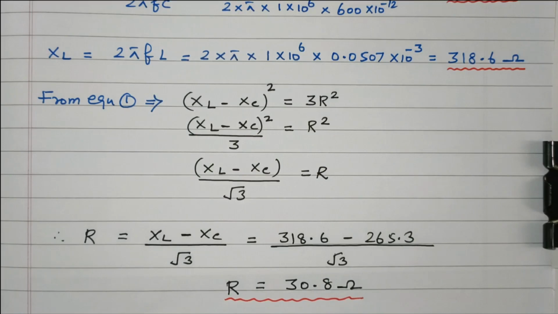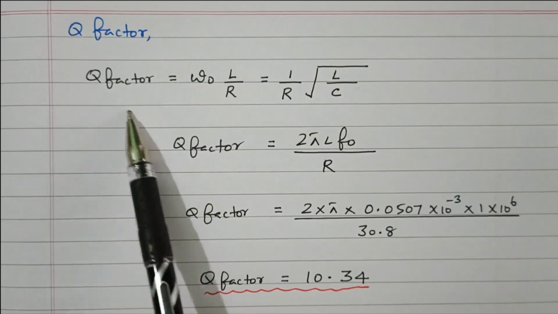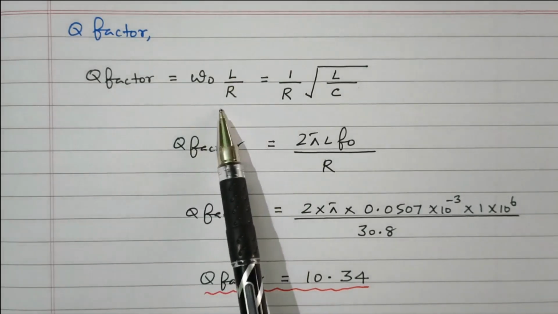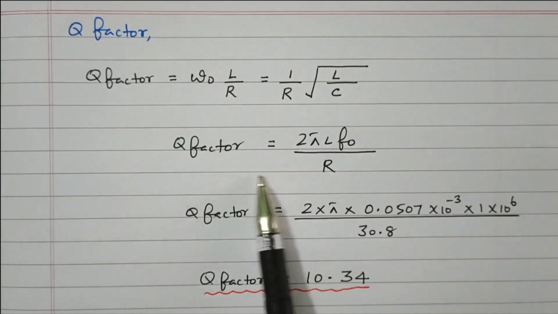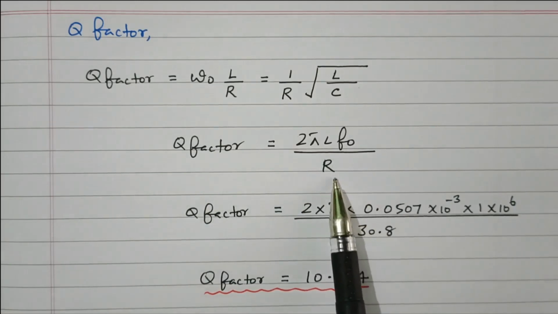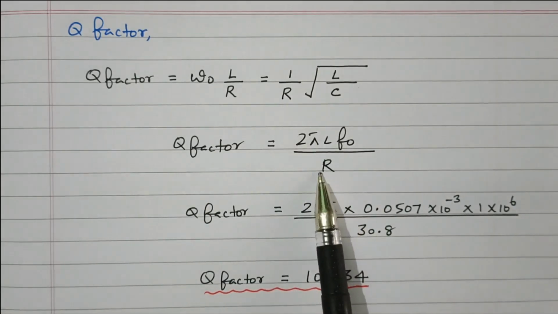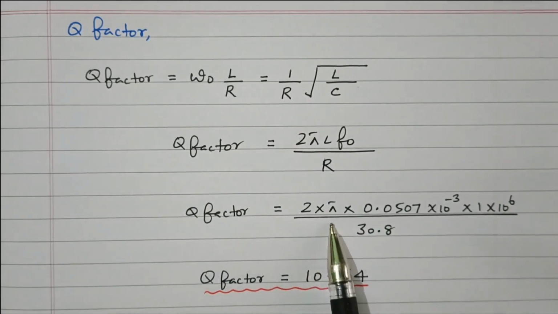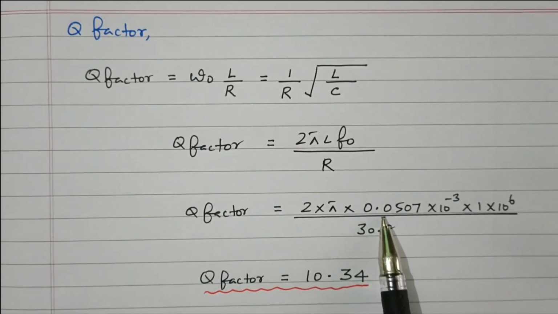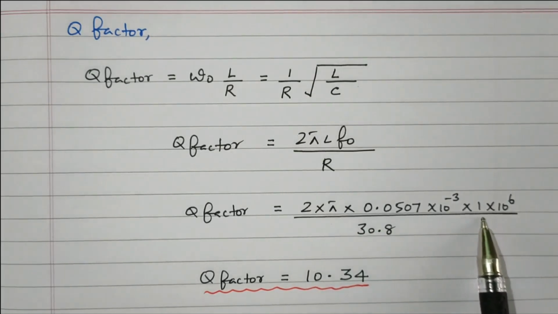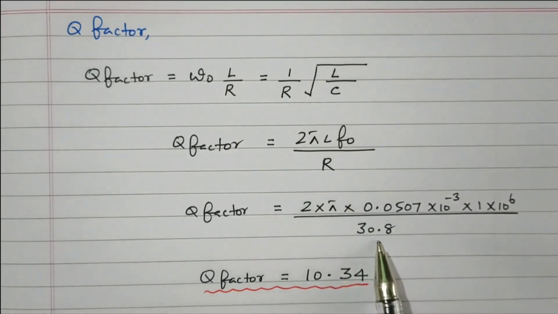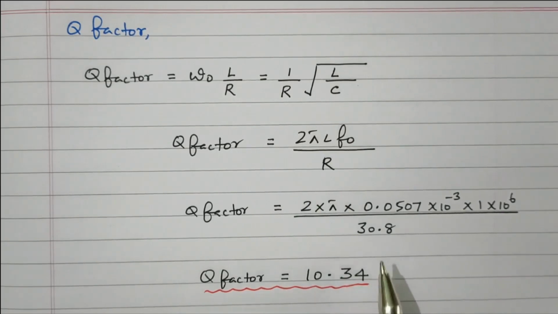Now we'll calculate the quality factor of the coil. The Q factor equals omega naught L by R. Another formula is 1 by R square root of L by C. One more formula is 2 pi L F naught divided by R. Now we will use this formula: 2 into pi into the L value, 0.0507 into 10 to the power minus 3, into F naught, 1 megahertz, 1 into 10 to the power 6, divided by the R value we calculated, 30.8.